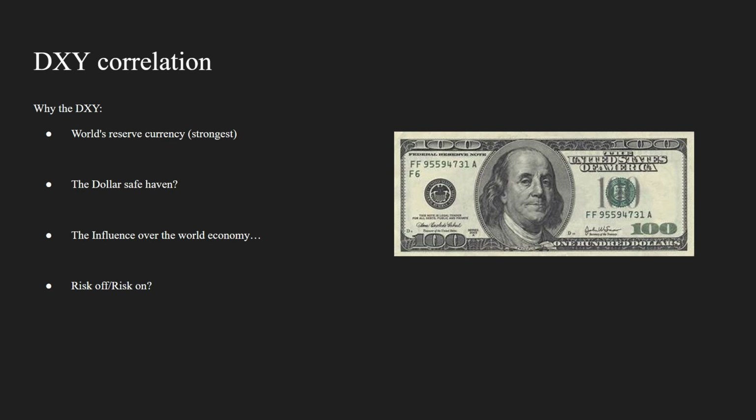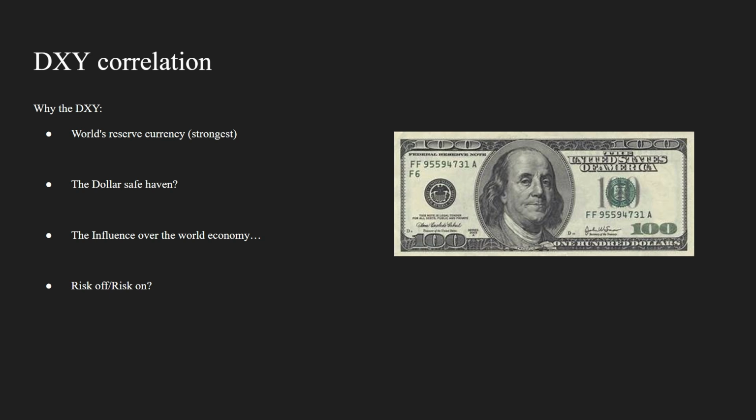But when the DXY goes down, that's where the business lies. When the DXY goes down, that's when you're going to see other currencies go up, because the money is transferred to the other currencies. That's why it's called risk on: risk off means the central banks feel like it's not as risky holding American dollars compared to other world currencies and assets.